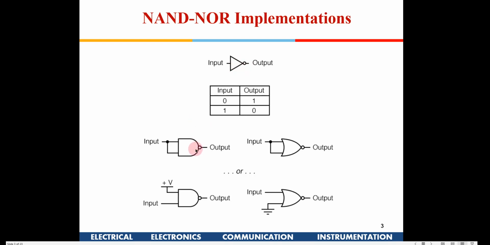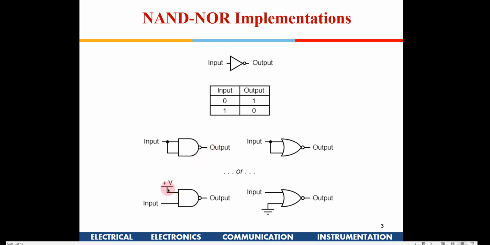In actual VLSI design, if an inverter is to be implemented, I will not make a 2 input NAND gate; I will make a single input one directly. So this is how with NAND we can implement an inverter.